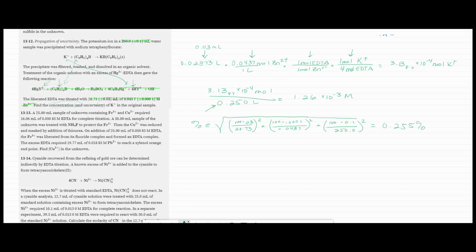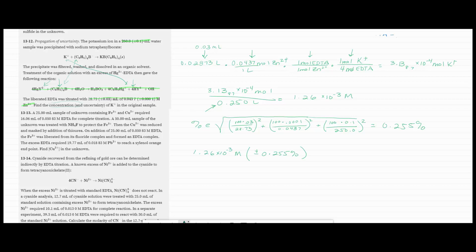So you could say that this would be 1.26 times 10 to the negative 3rd capital M molar, and then in parentheses plus or minus 0.255%. Or you can convert that to standard error, where we would take that percentage that's currently in my calculator.